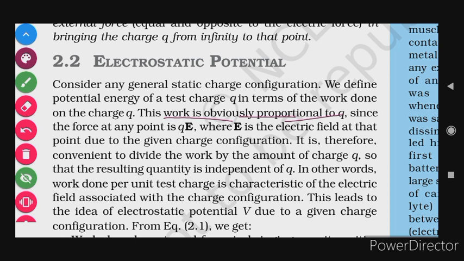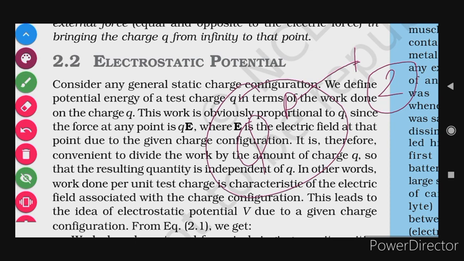Obviously, if the magnitude of the charge is more, say there is a charge of 10 coulomb, or 1 coulomb, which is even a very big charge, and there is also a 2 coulomb charge, in which case will we have to exert more force to bring it to this point? You will say the larger charge, because the source charge will exert more force on it.